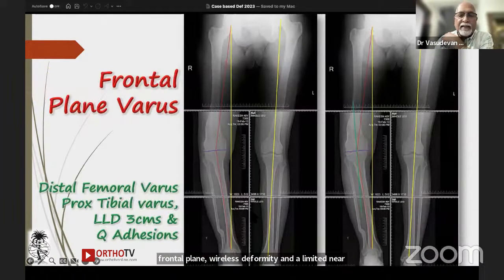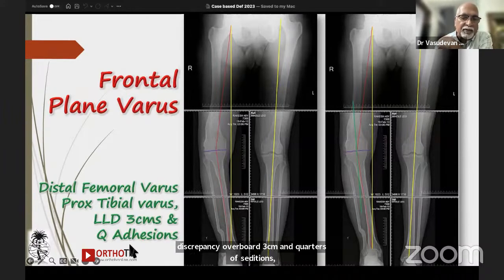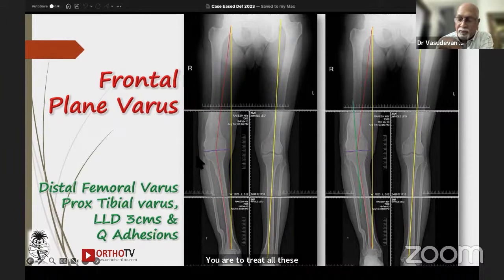This was his full-length X-ray. You can see he has a distal femur varus and a proximal tibial varus, limb-length discrepancy of about 3 centimeters, and quadriceps adhesions. So as an overall treatment, you have to treat all these issues. You cannot manage this just by an HTO.